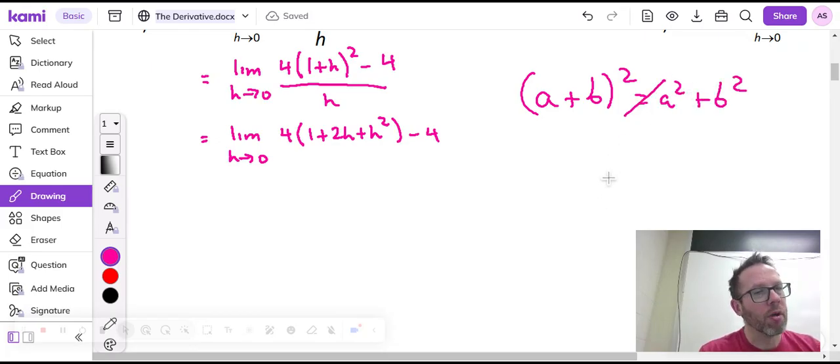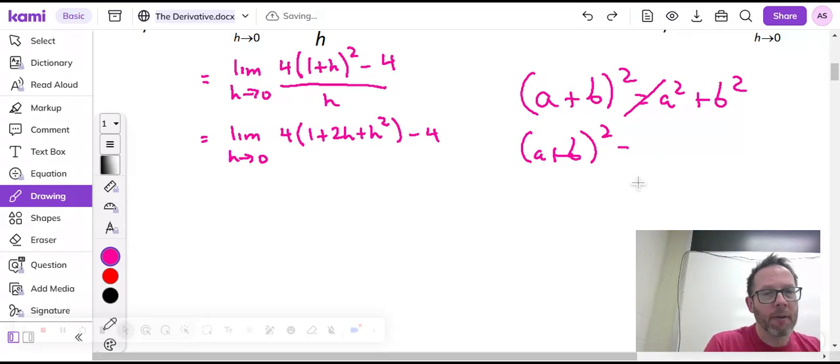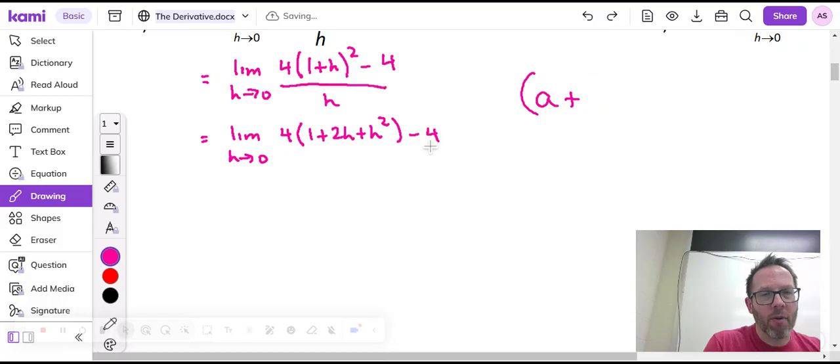That's not true. There's the cross term 2ab. This was a grade 10 thing, you learned perfect square trinomials in grade 10, so I'm just making use of that fact now. But just don't do (1 plus h) squared equals 1 plus h squared.